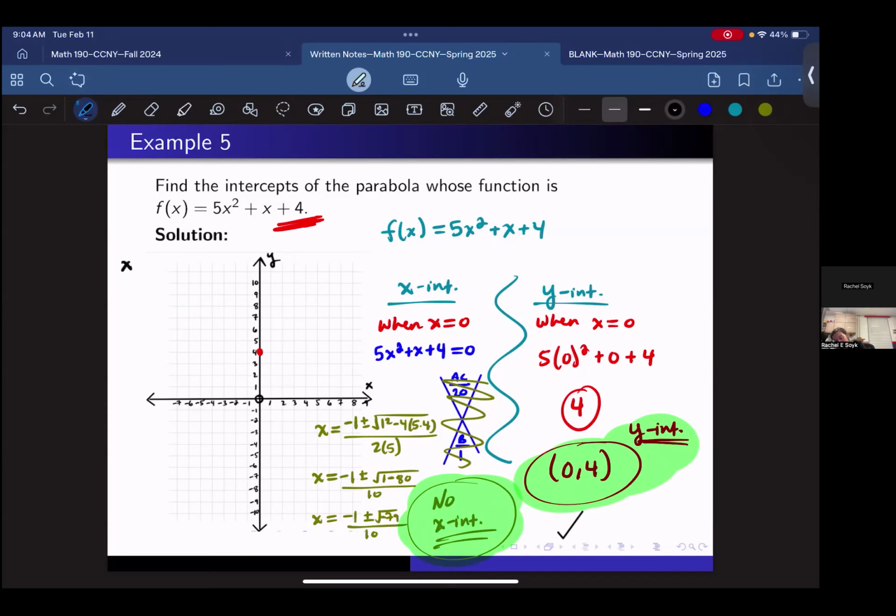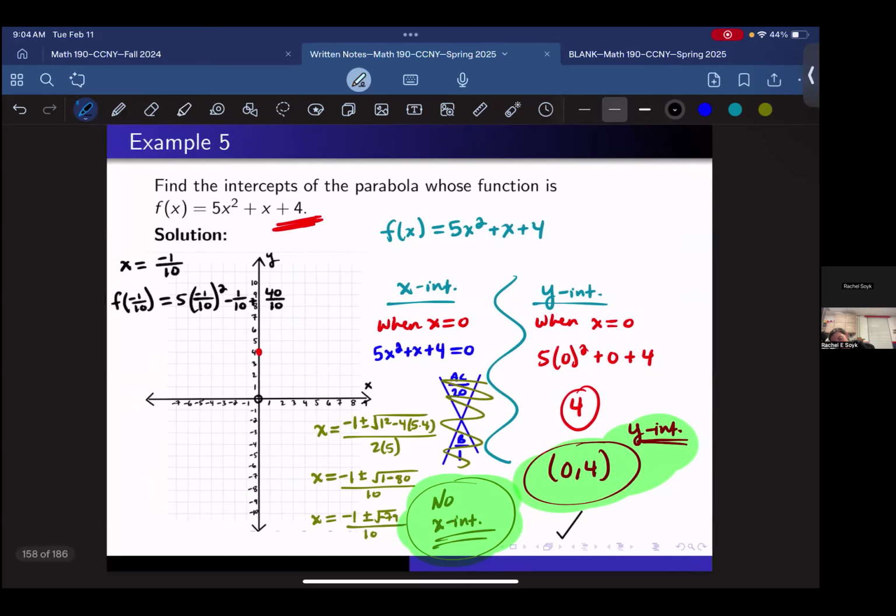So our axis of symmetry is -b over 2a, so -1 over 2 times 5, which is -1 over 10. And then if we plug this in, we can find our vertex. We're dealing with a bunch of fractional numbers here. Minus 1 over 10 plus 4. 4 is the same as 40 over 10.